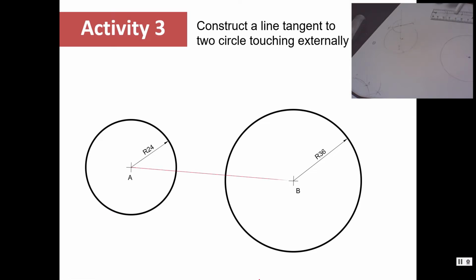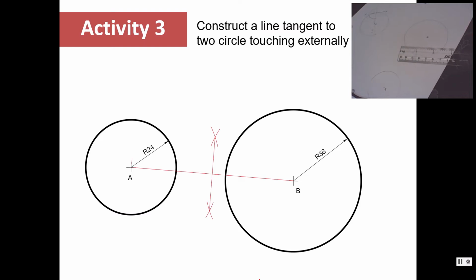First of all, you need to draw a straight line from A to B and then find the midpoint of the line. And then from the midpoint of the line, you draw a semicircle, and then draw another arc that has a radius of B minus the radius of A. And then from point X, just go straight.